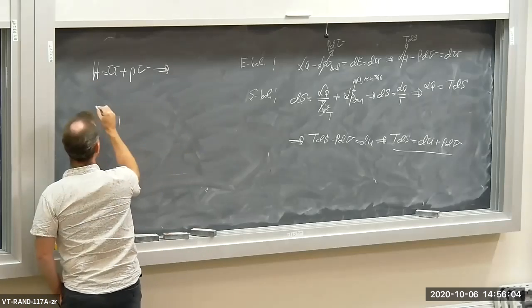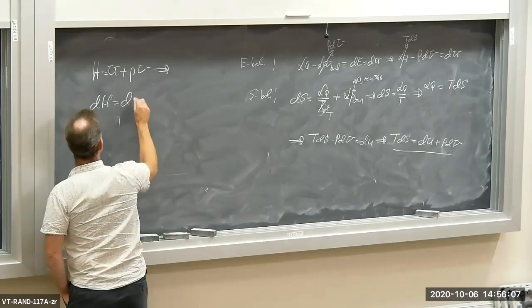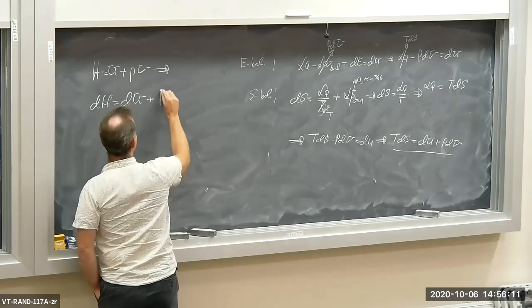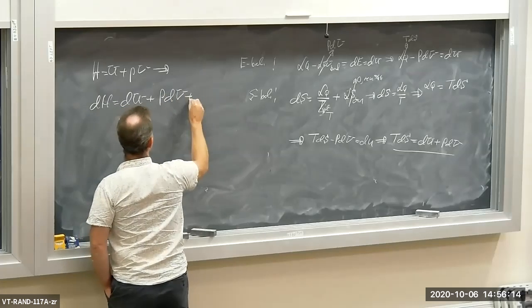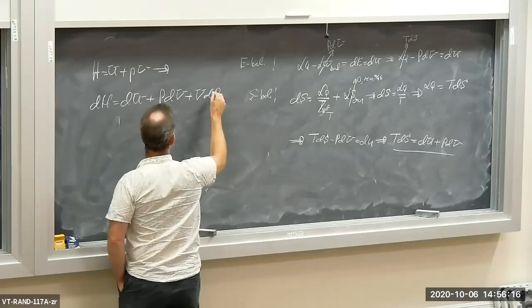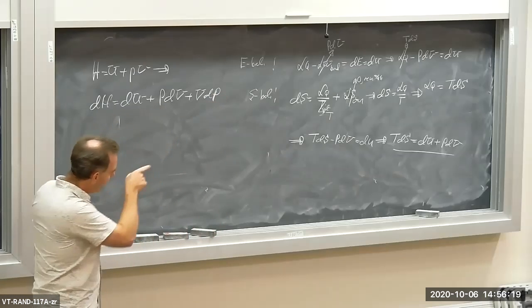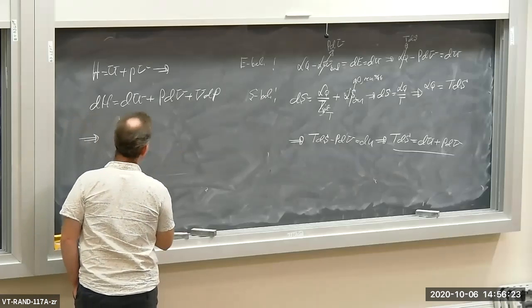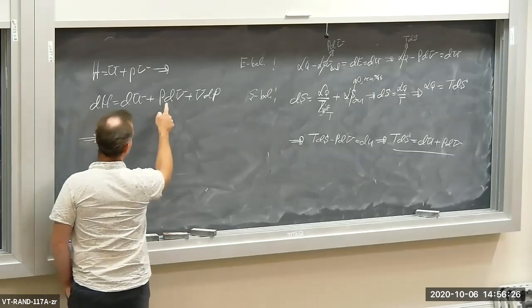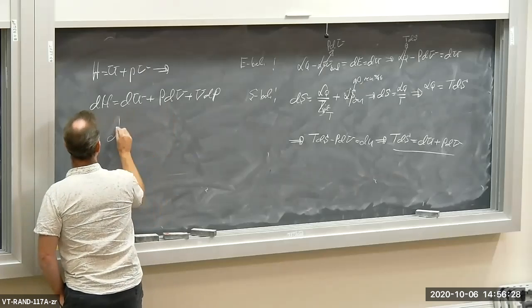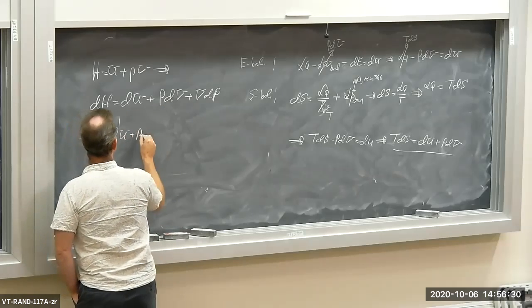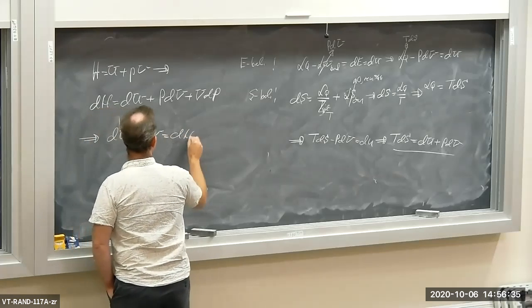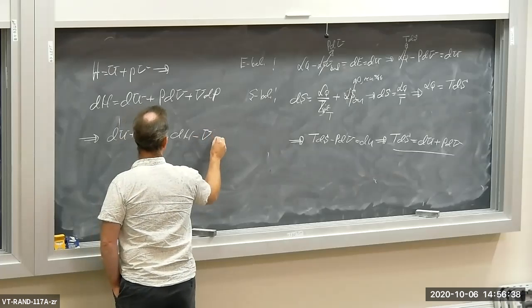So dH is equal to dU plus, using the chain rule, P dV plus V dP. So dU plus P dV is equal to dH minus V dP.